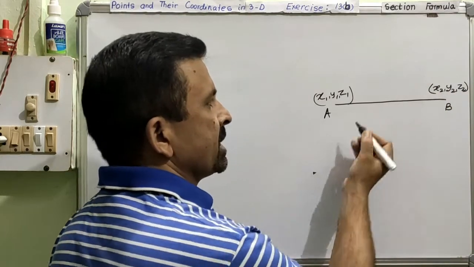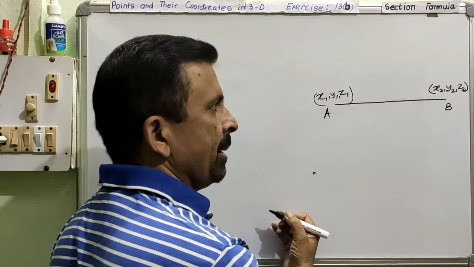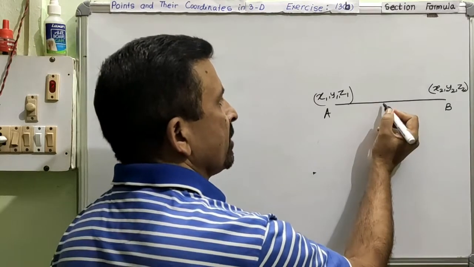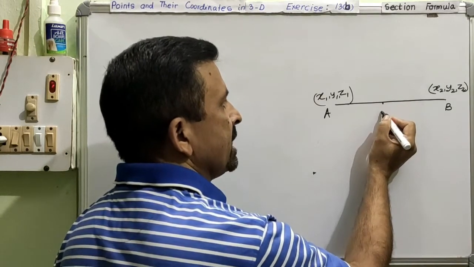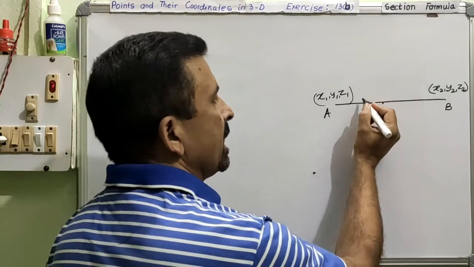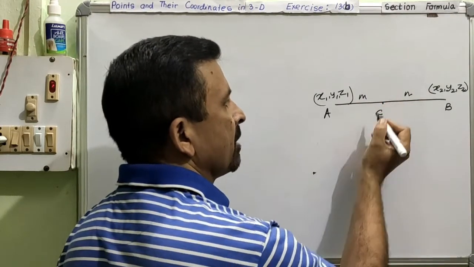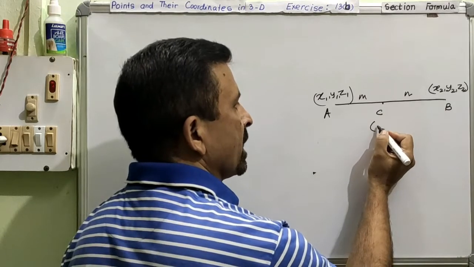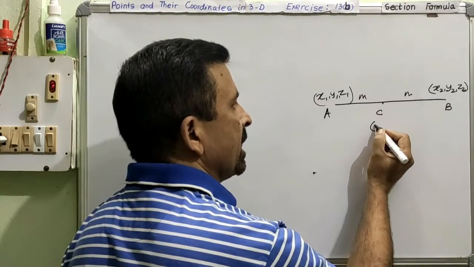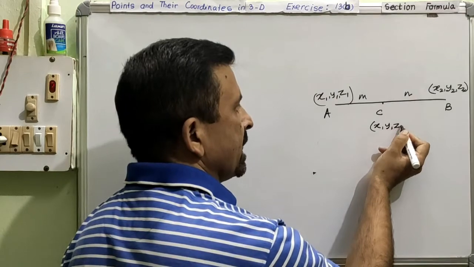Clear? This is any line segment AB, right? And it is going to be divided by a third point C in some ratio, right? Let that ratio be m is to n. Clear? Then the coordinate of C will be x, y and z.